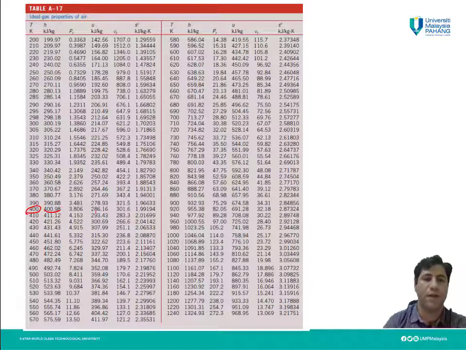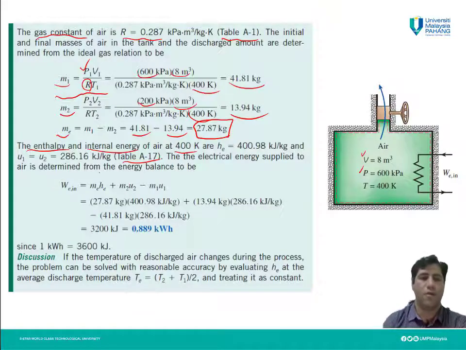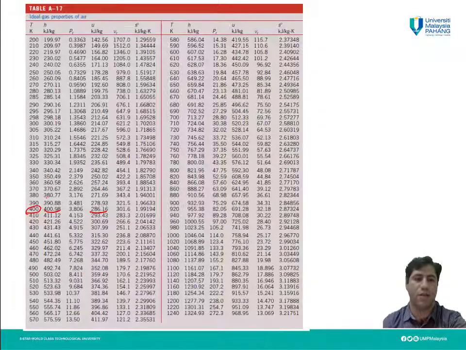We can find the internal energy as well. So HE we can find in the table, which is 400.98 for air at this temperature. H is this much, and U is 286.16.